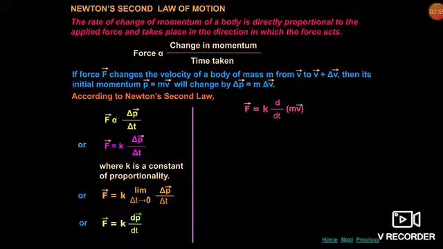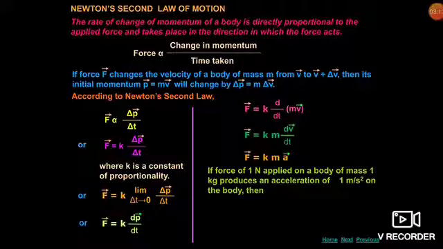Now we know momentum is mass into velocity, so F is equal to k d by dt of m into v. k and m are both constant, so they come out and it will be dv by dt, and we know dv by dt is acceleration. That's why F is equal to k m a.